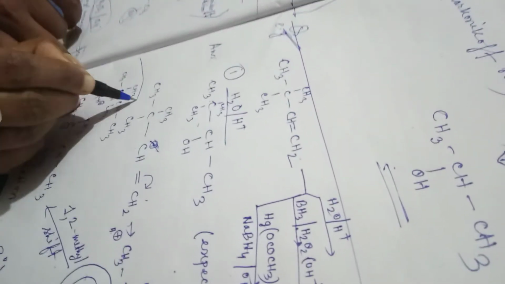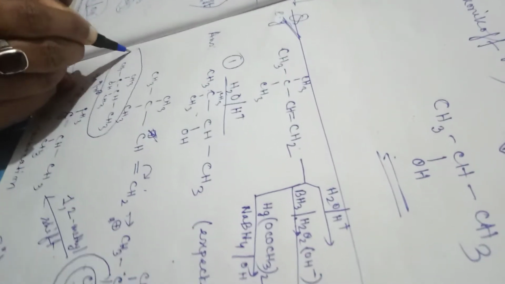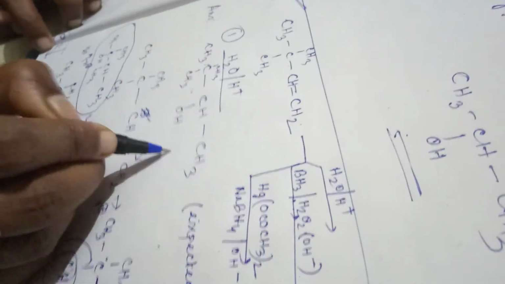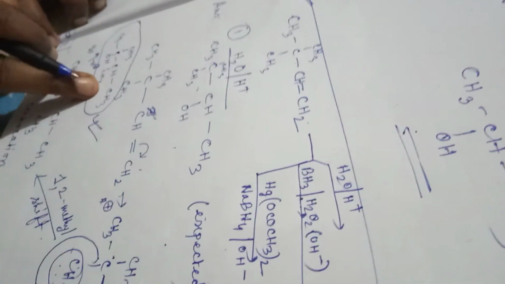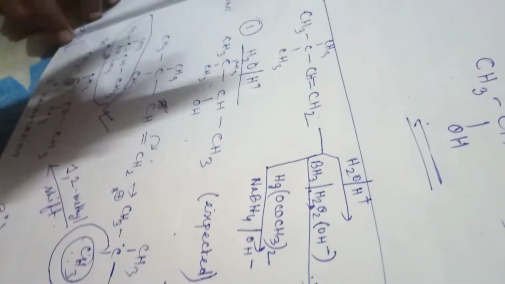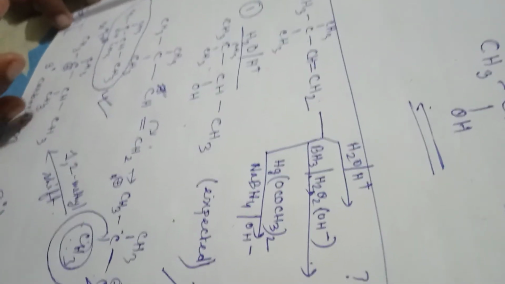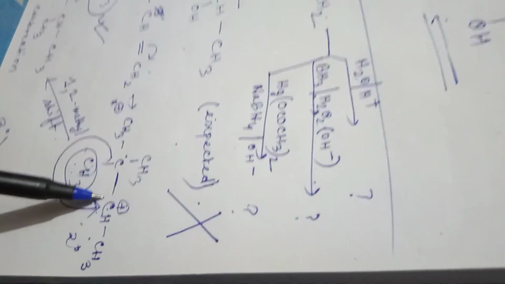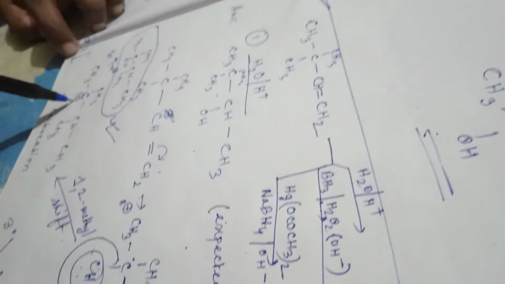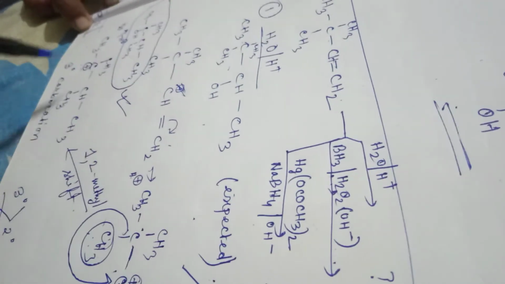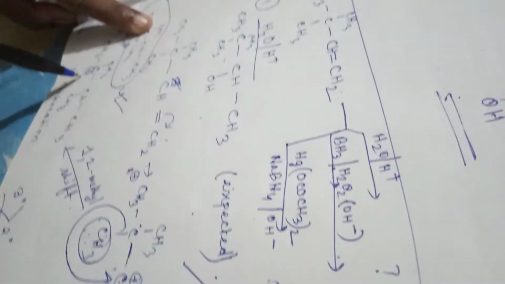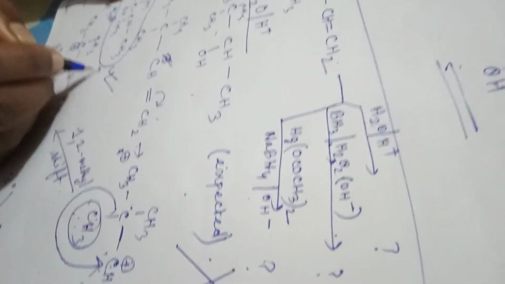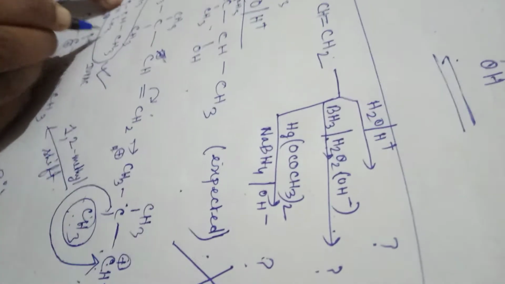Our ultimate product will be this one, not the one I wrote before. The ultimate product for the hydration of this alkene will be this one. Why is it so? First the secondary carbocation is formed, but due to the greater stability of the tertiary carbocation, a 1,2 methyl shift takes place and we get the tertiary carbocation, and ultimately the product will be this compound. Please write down the IUPAC name of this compound. This is your homework.